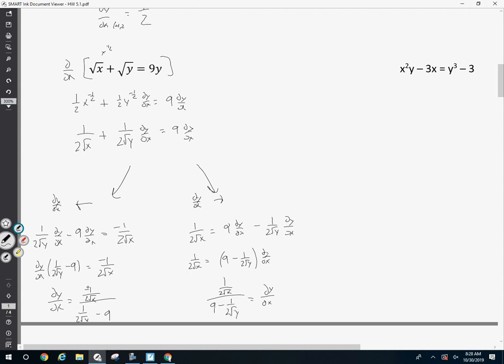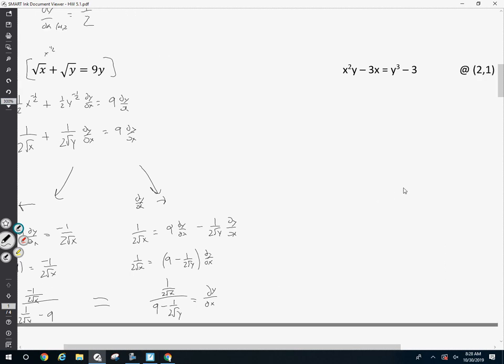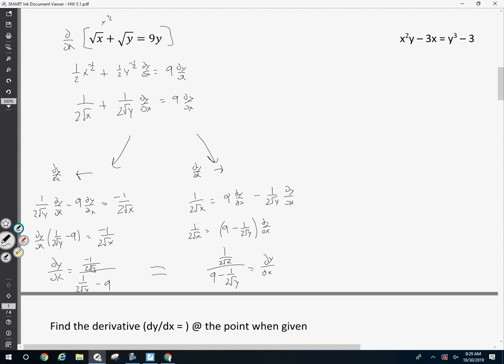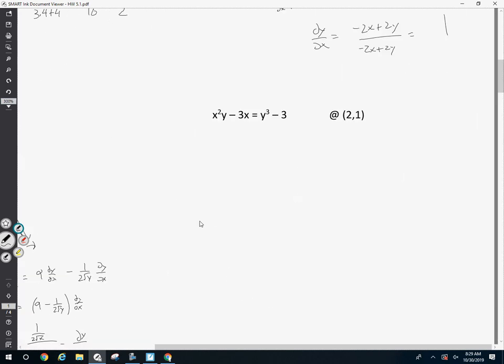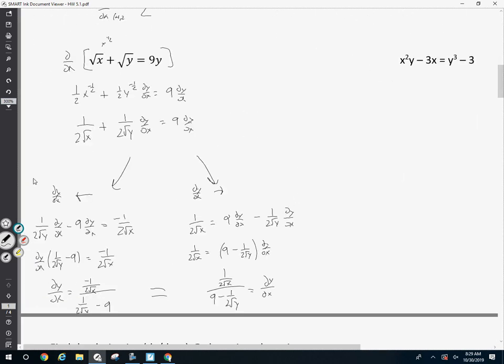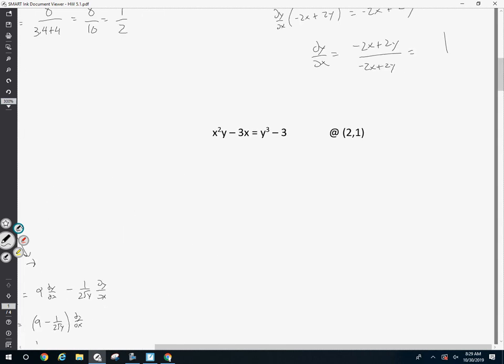Opposites of each other, but notice, if you factor out a negative from this, you get the same thing as that. So they're equal to each other. Don't freak out if the answer that I show is opposite the answer you show. When we're talking about a fraction, it'll end up being the same when we factor out a negative 1 over a negative 1 or something like that. Okay? So I won't do that again, just knowing that it doesn't matter which side you go. These are the same.